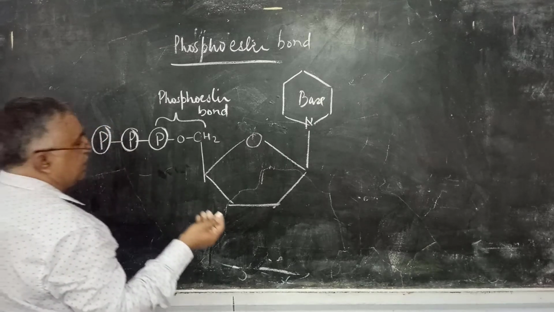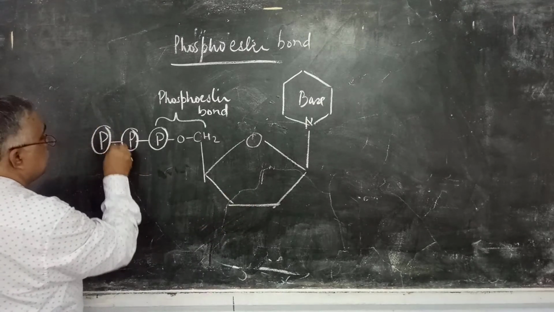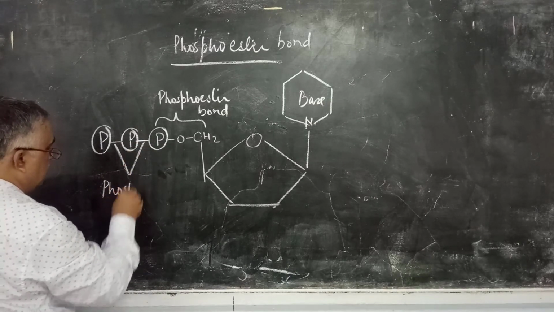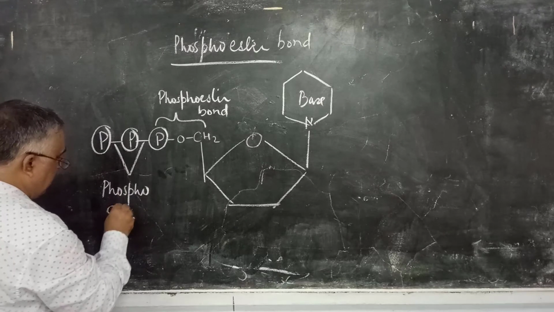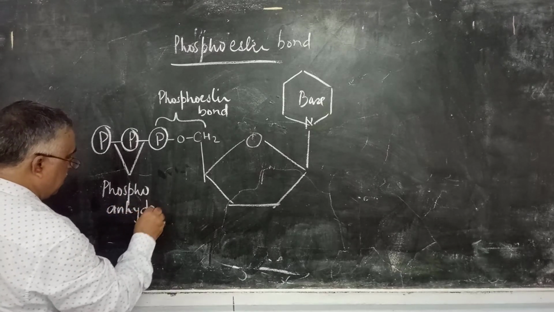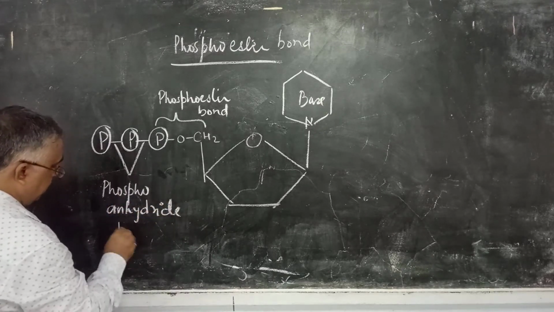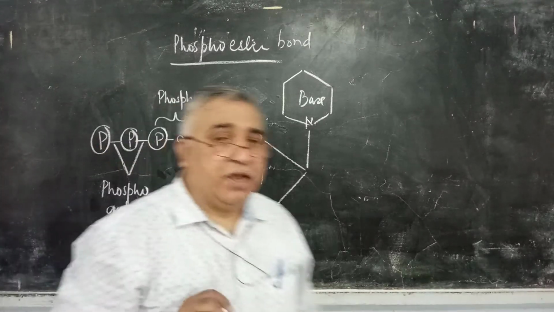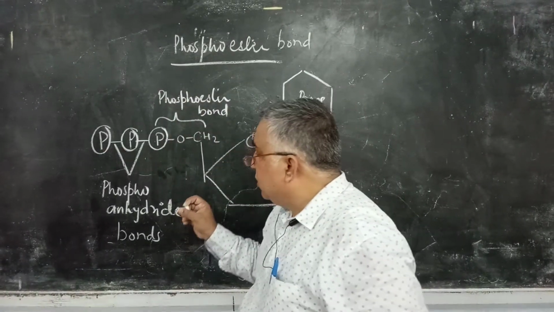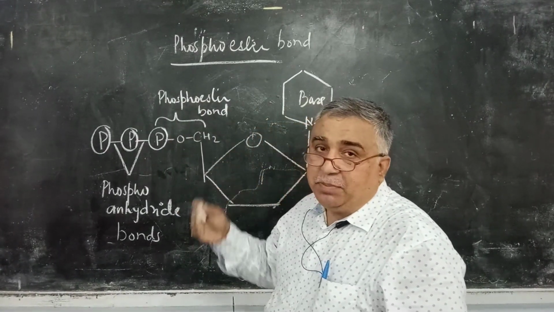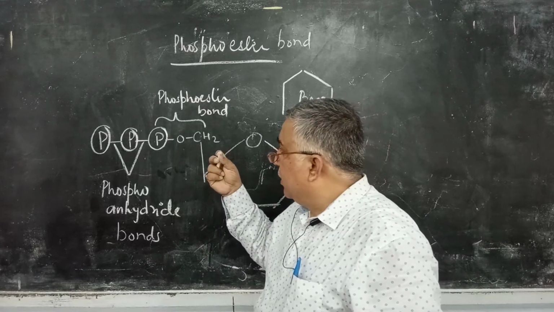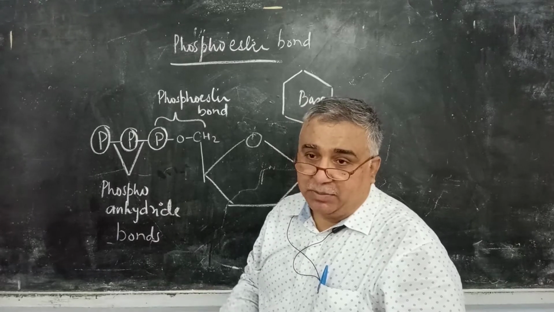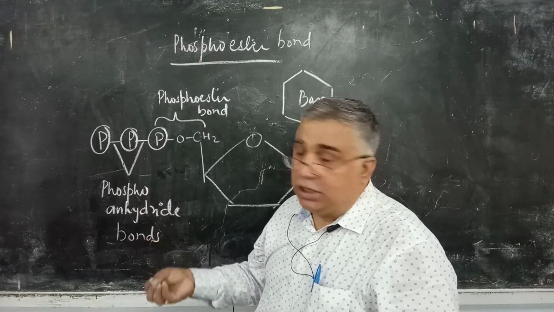For example, if it is ATP or CTP, then these two bonds that are formed are called phosphoanhydride bonds, and these three bonds are very high energy bonds, and that is why when ATP is used as an energy point, these bonds are broken and the amount of energy that is liberated is used for carrying out a reaction.